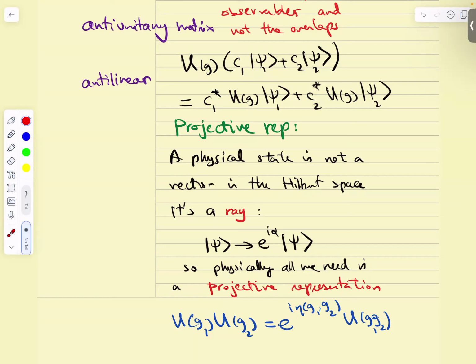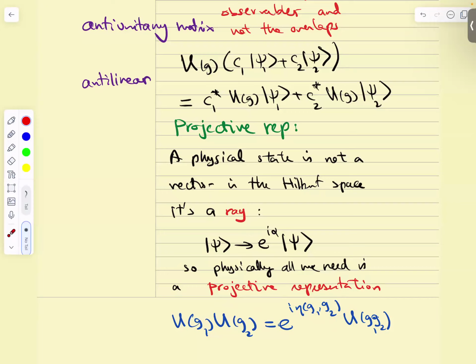So I could modify my representation rule. I say a matrix U of G1, representing G1, multiplied by a matrix U of G2, representing the operation G2, gives me U of G1 G2 up to a phase that depends on G1 and G2.